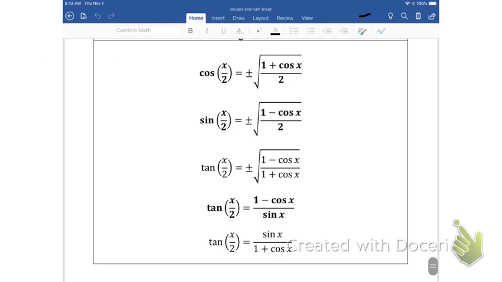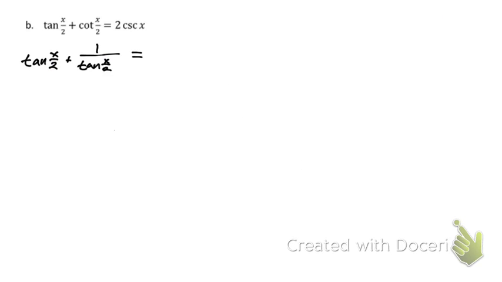No. So I'm probably not going to use this one. Is there a sine on the other side? Yeah, there's a sine there. Because you can rewrite this as 2 times 1 over sine x. Not only is there a sine there, that sine is on the bottom.